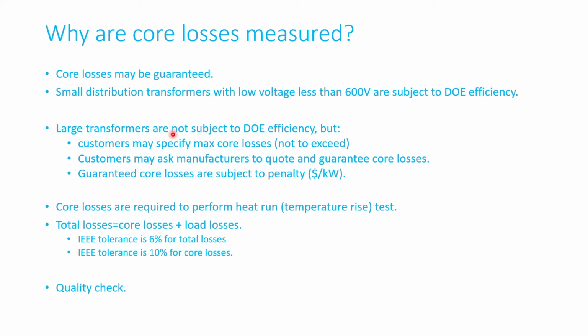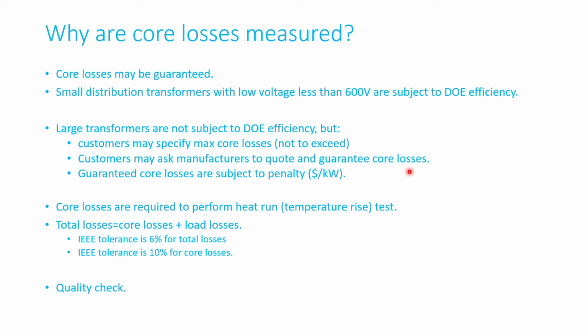Large transformers are not subject to DOE efficiency, but customers might specify max core losses, basically losses not to exceed. They may tell the manufacturer during the bidding process, these are the core losses we would like you not to exceed. Customers might ask the manufacturer to quote and guarantee core losses.